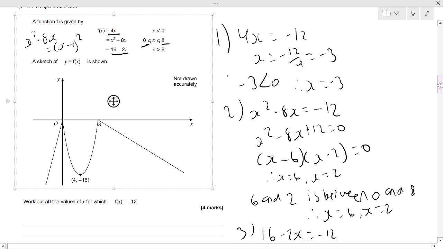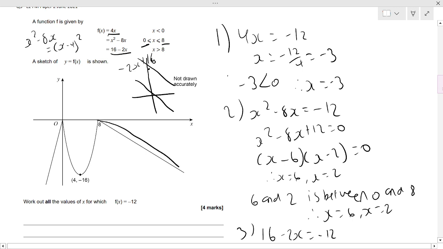And then this final part again is going to be another straight line, isn't it? Minus 2x add 16. So minus 2x would look like this. But then there's a y-intercept of 16, so we're going to shift it up here, which again is what we can see here. It kind of matches the line that we've got.